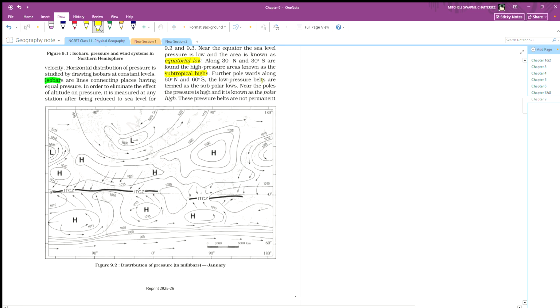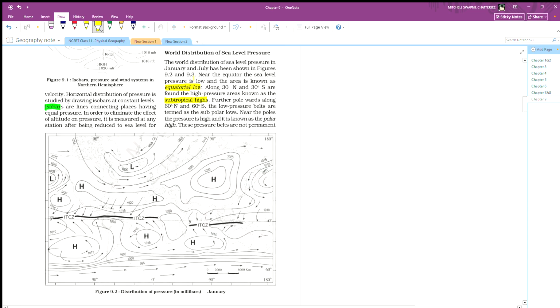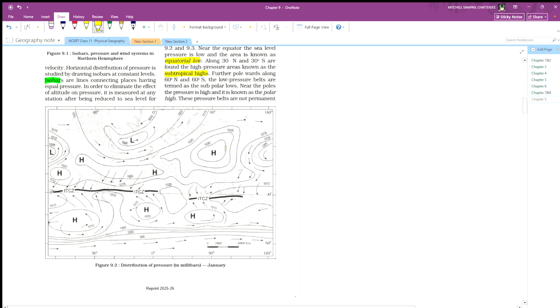Further poleward along the 60 degree north and 60 degree south. Let's see, this is 90. We have somewhere 60 here, 60 degree here.